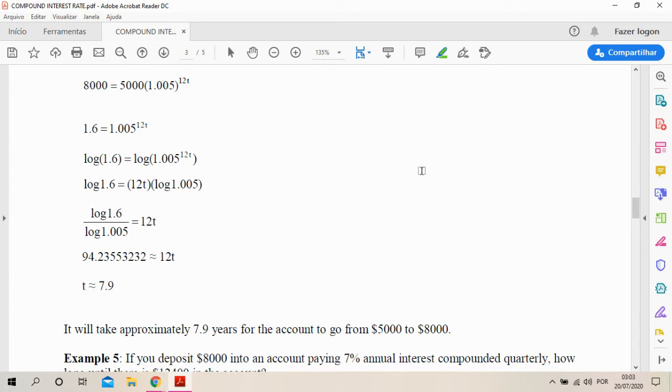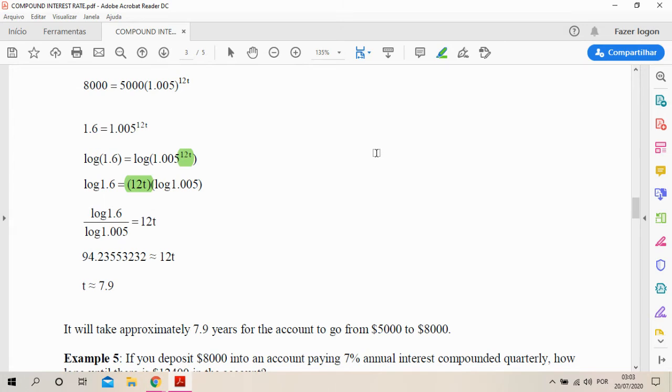Now we can use logarithms to find the time. We're going to use the properties of logarithms. The logarithm of 1.6 is equal to the logarithm of 1.005 raised to the power of 12t. Using the property of logarithms, we can bring this 12 times t down, multiplying as it is here.